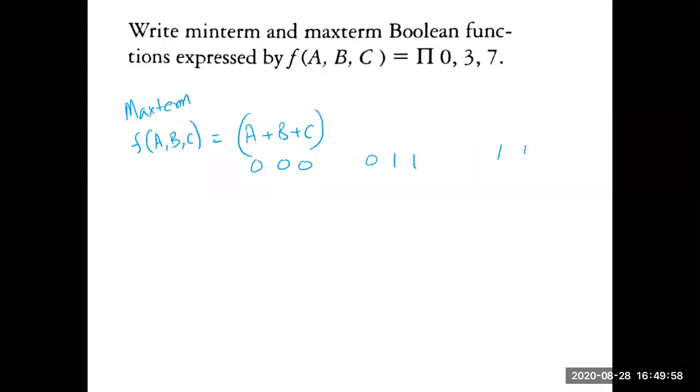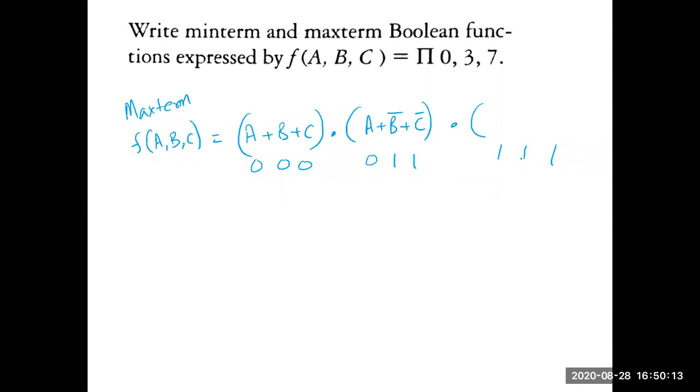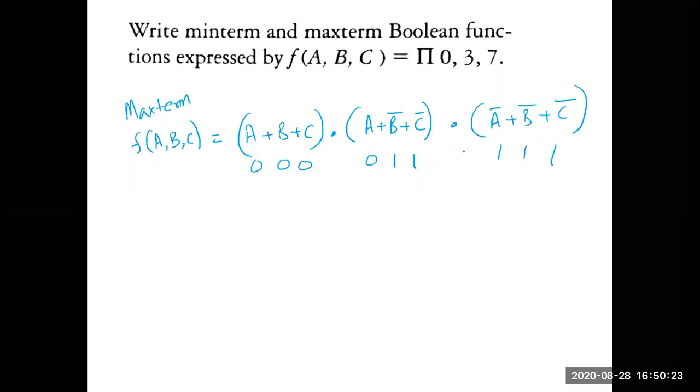Seven means all one. Now you need to give this dot, then you need to write 0, 1, 1. So this 0, 1, 1 is a plus b bar plus c bar. Then again one dot. This 1, 1, 1 is a bar plus b bar plus c bar. So in this way I can write in the form of max term.